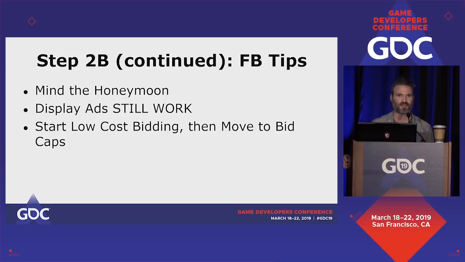This is amazing. That goes away. You have a limited period of time where you're going to get those CPIs, and once you have run out that clock, you can't go back. So you want to make sure that you are spending carefully on Facebook, particularly in open beta, because you don't want to run out your honeymoon outside of the launch window.